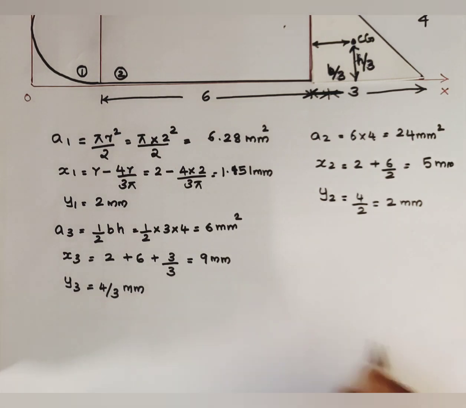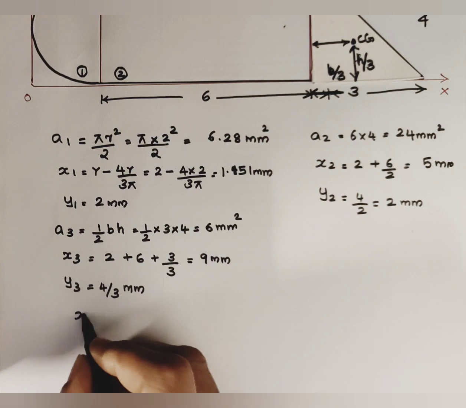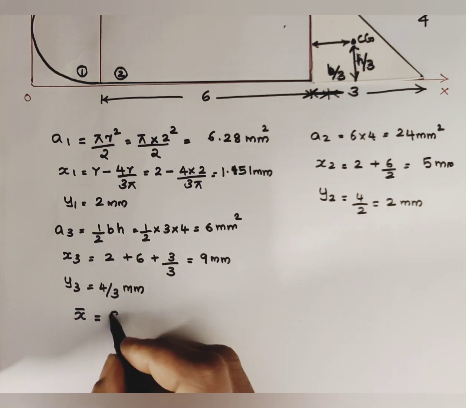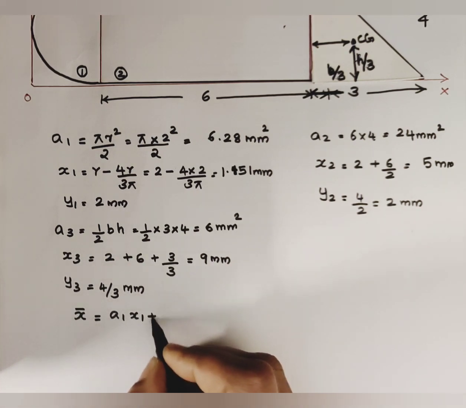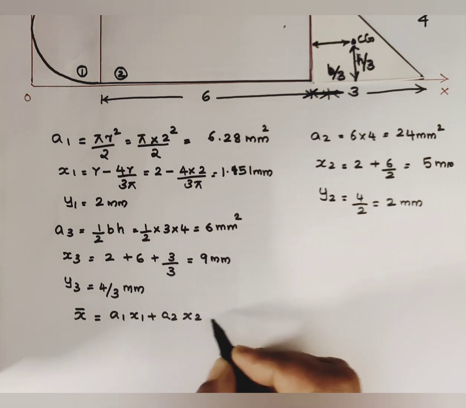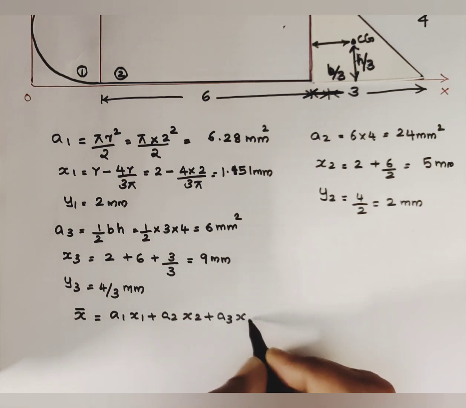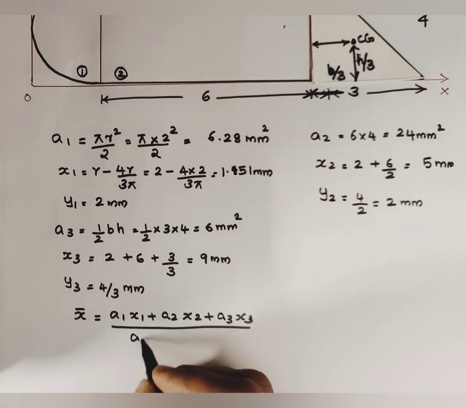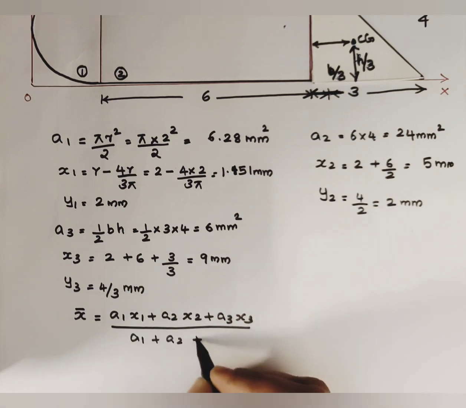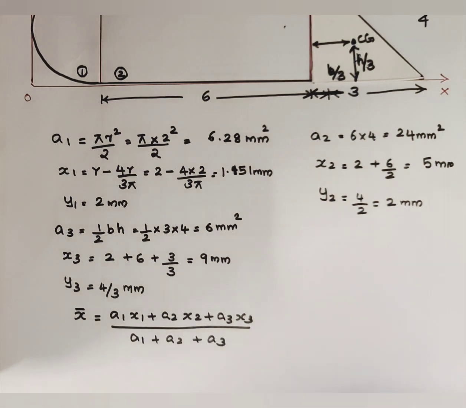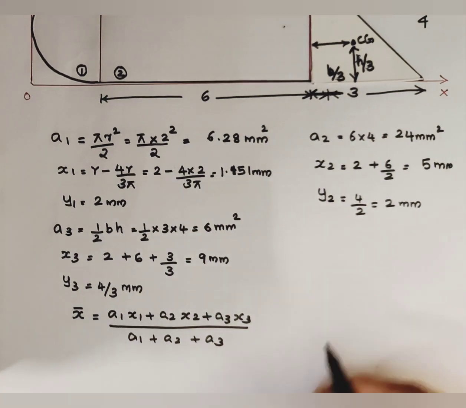So now you have to substitute all the values in the equation. You have to write the equation based on the question. X bar is equal to a1 x1 plus a2 x2 plus a3 x3 divided by a1 plus a2 plus a3.